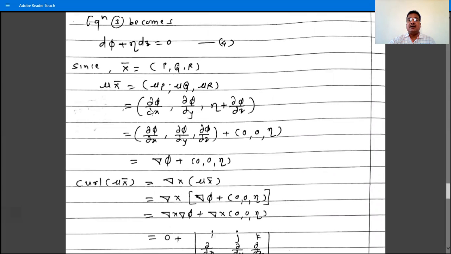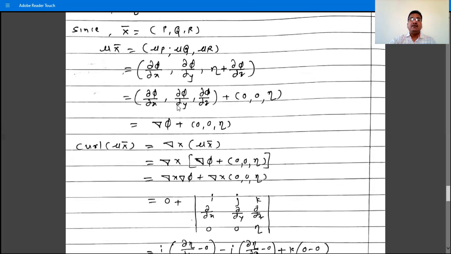We write this as the addition of two vectors: (∂phi/∂x, ∂phi/∂y, ∂phi/∂z) plus (0, 0, nu). If you add these two, we have ∂phi/∂x plus 0, ∂phi/∂y plus 0, and ∂phi/∂z plus nu. And this vector is del phi plus (0, 0, nu).